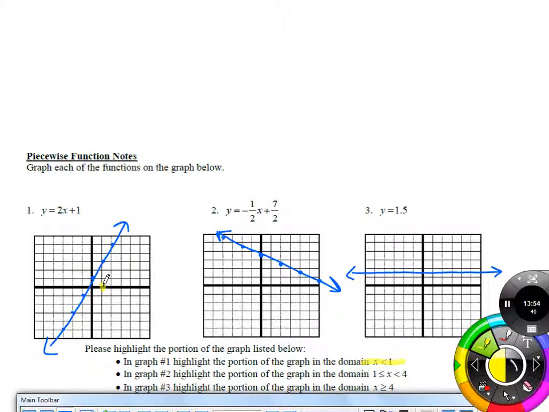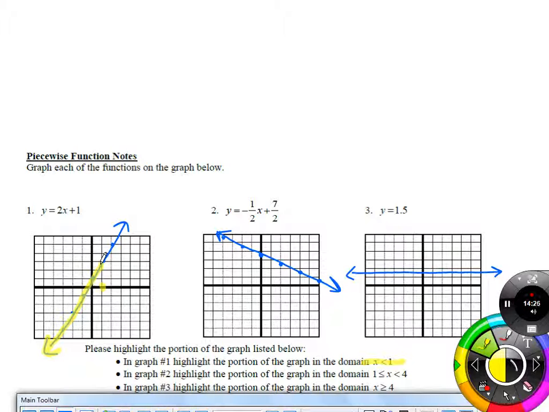But I want to highlight on the graph I've created all the points where x is less than 1. So along this line that I drew here, 1 would line up with this endpoint right here, right? So everything to the left of that would be in the area where x is less than 1. Does that make sense? So I'm not going to shade the area. I'm just literally going to highlight the portion of my graph. You can just make it darker, or if you have a different color handy, you could do that. Okay?